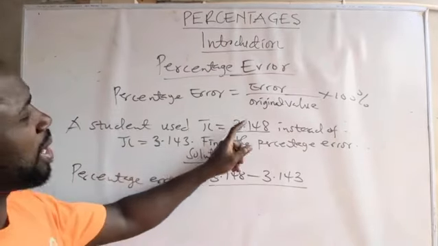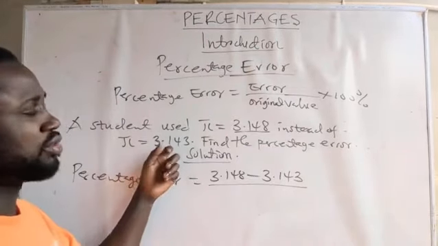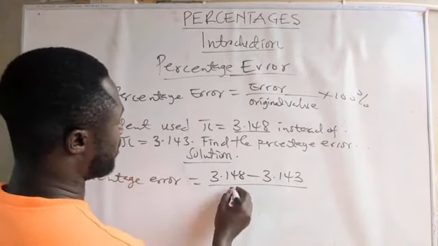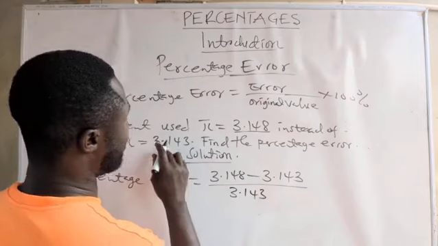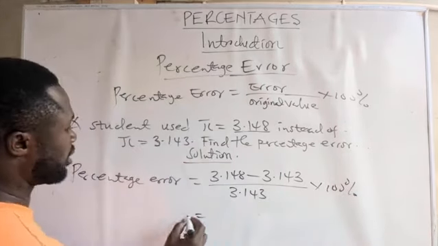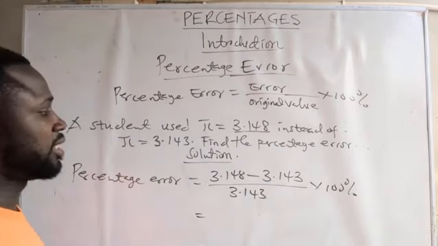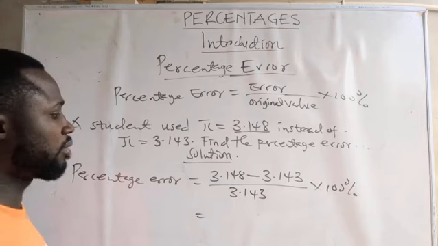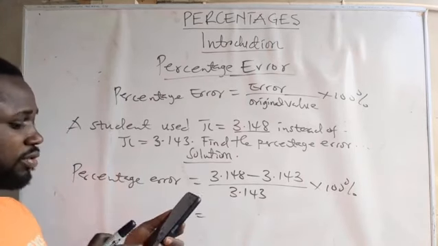A student used pi as this instead of, so this is the actual one, 3.143 instead of this, times 100%. So we are going to find the difference, divide by the actual, and multiply by 100.